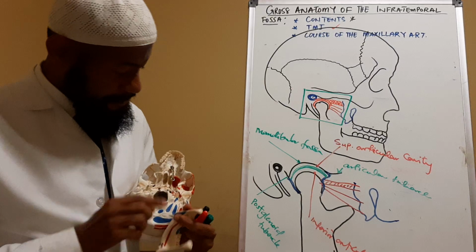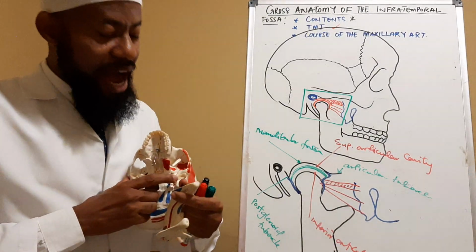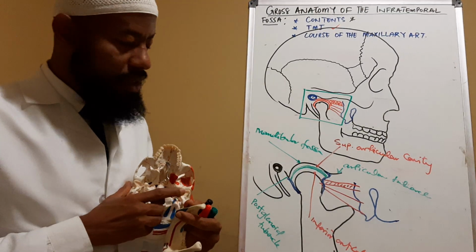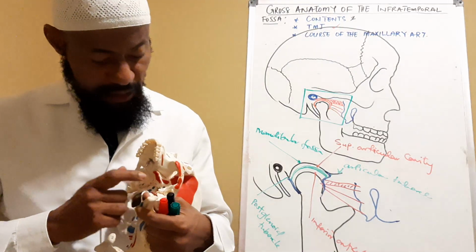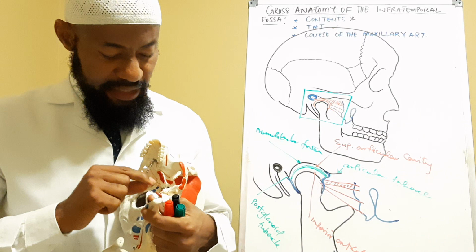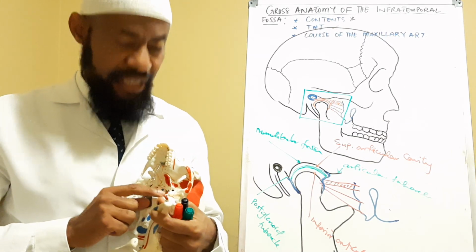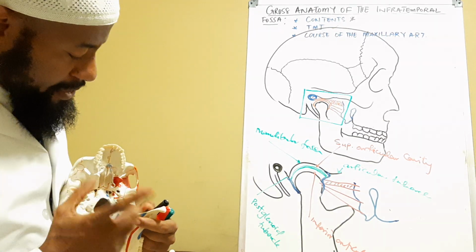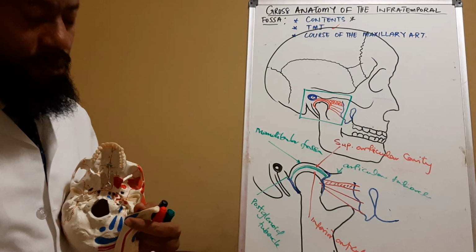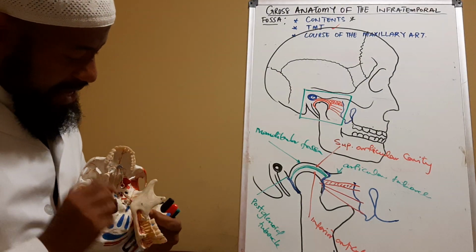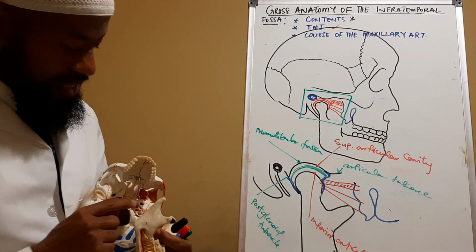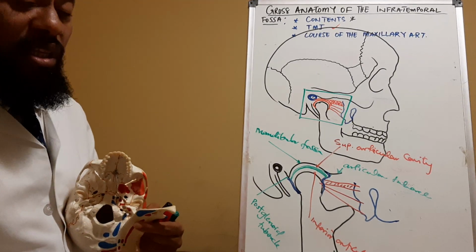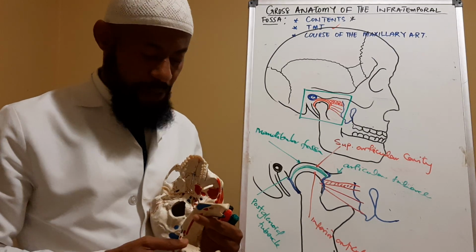The first of them is the stylomandibular ligament, attached to the styloid process of the temporal bone, and also attached to the medial surface of the mandible.